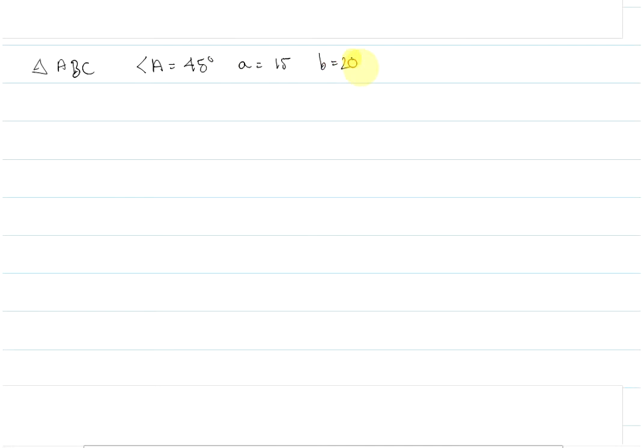Okay, the first thing that I want you to be able to do is to look at this information and decide on whether you have an ambiguous case or not. Okay, so let's find the height. We know that the height for this triangle will be B sine A. And so the height is equal to 20 times the sine of 45 degrees.